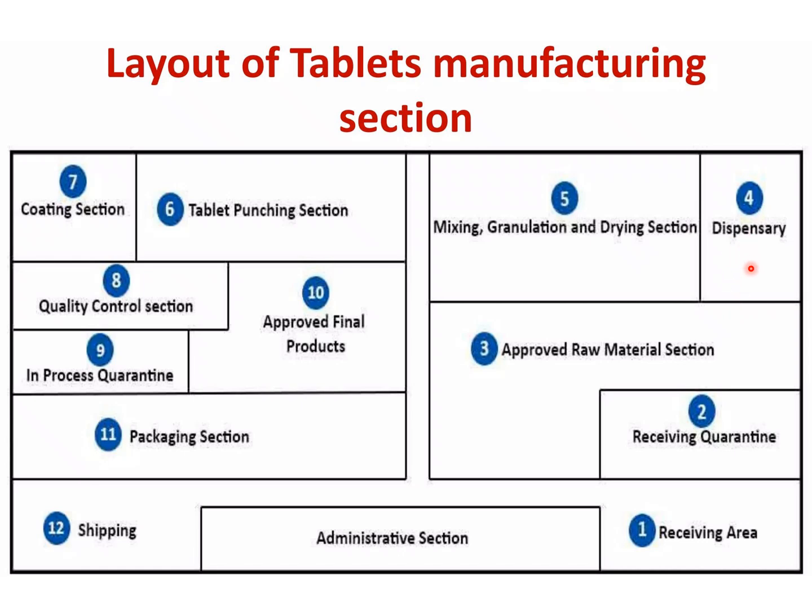Then dispensing is conducted. After dispensing, mixing, granulation, and drying is done. After granulation, tablet compression is conducted. Following tablet compression, we undergo tablet coating. It can be of different types: film coating, enteric coating, or sugar coating.